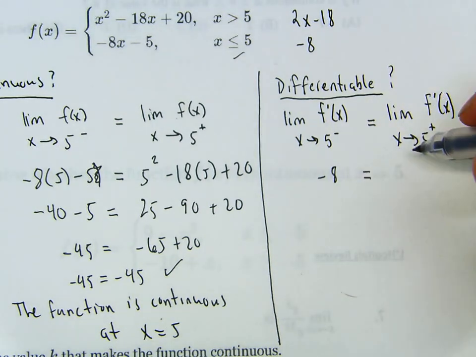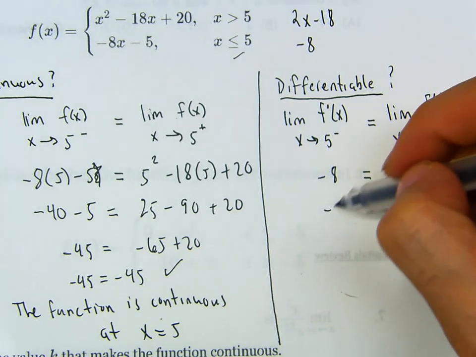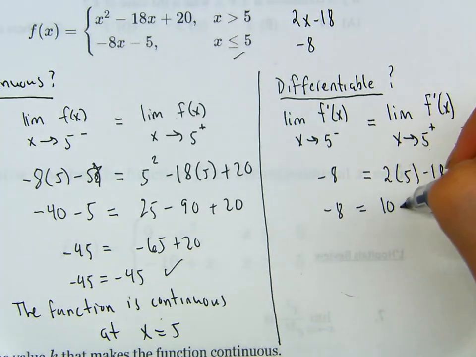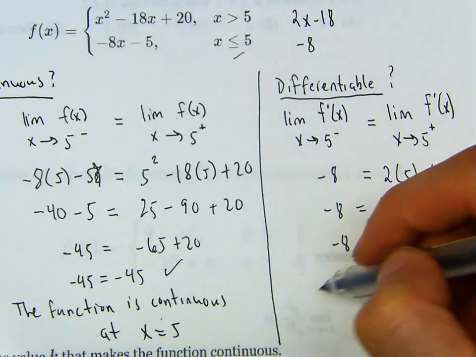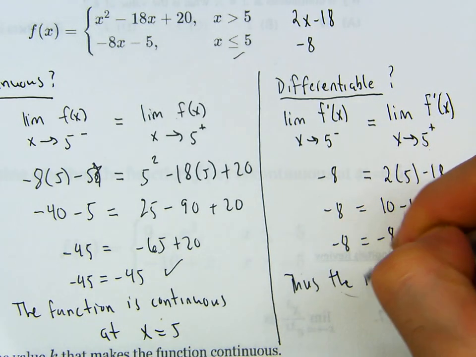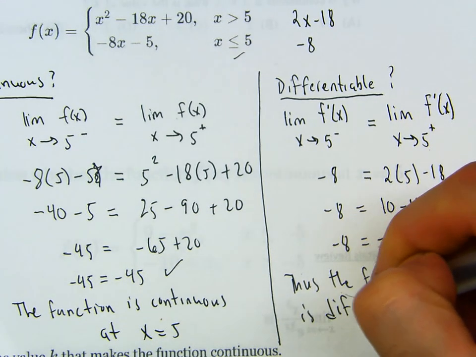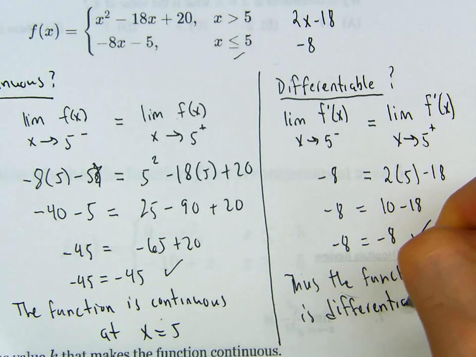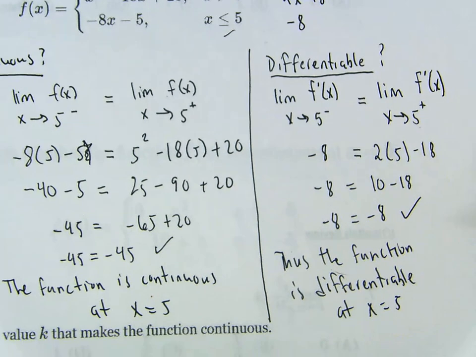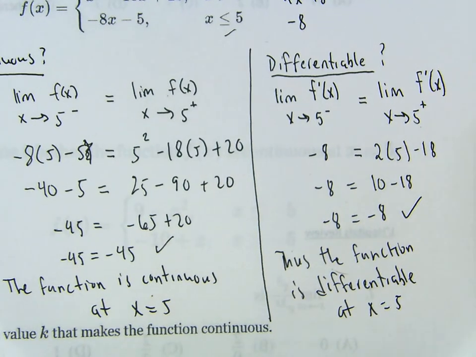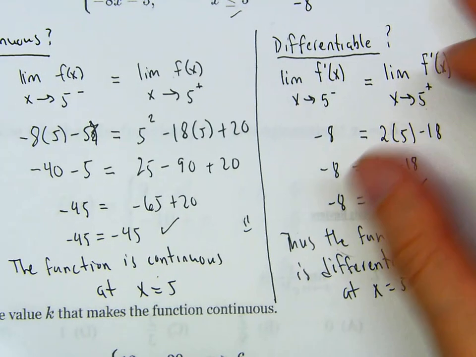And here this becomes 2 times 5 minus 18, this is negative 8 equals 10 minus 18, negative 8 equals negative 8. Thus, the function is differentiable at x equals 5. So it's continuous and differentiable. Happy face.